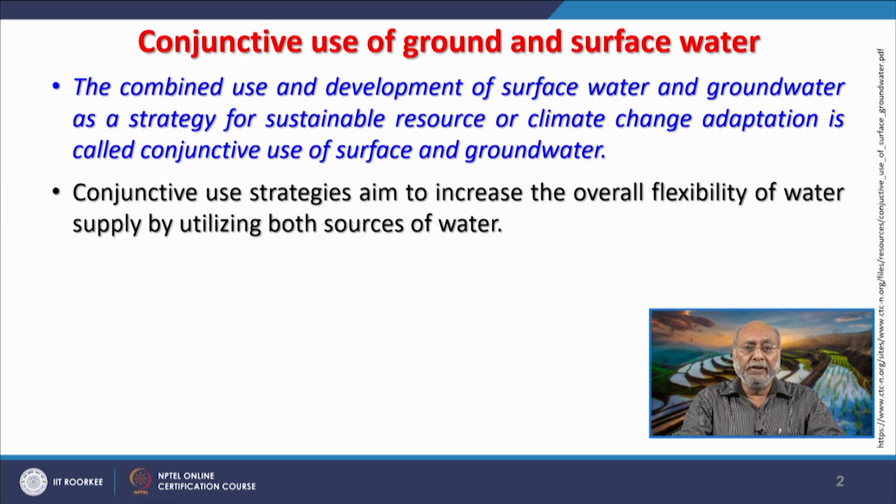So, the strategy has to be such that our overall flexibility of water supply remains, and that is why we said a sustainable resource. That should be there because we might be using surface water and groundwater together.